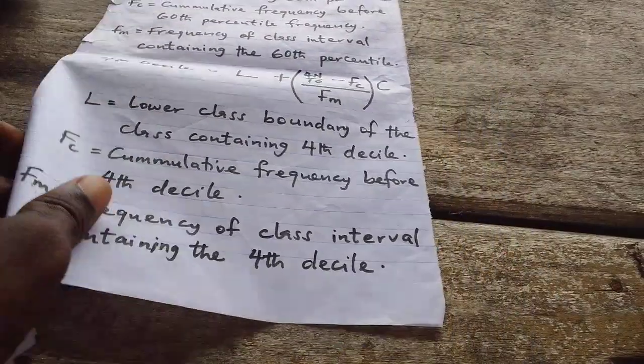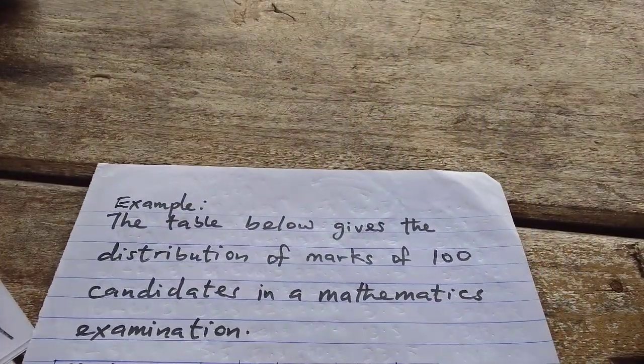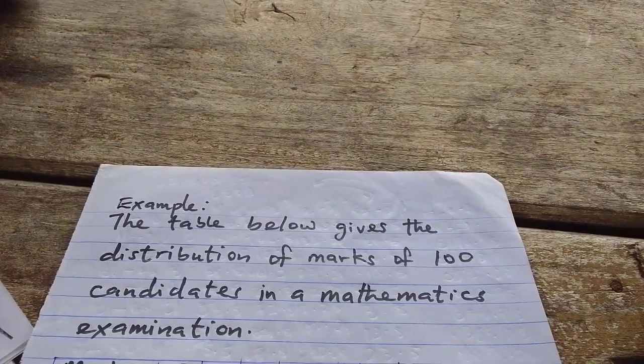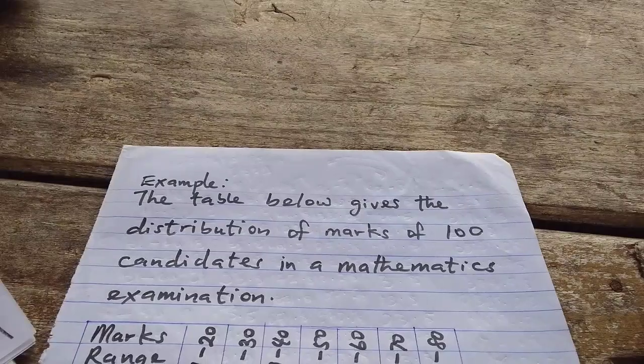Now let's apply what we have just learned from the formula. The table below gives the distribution of marks of 100 candidates in a mathematics examination.